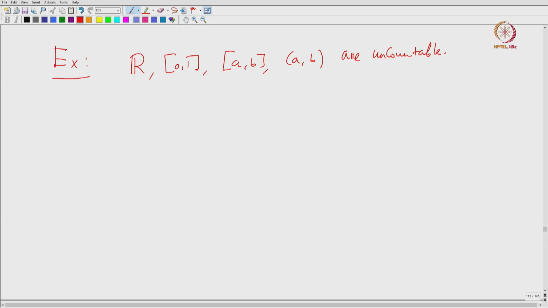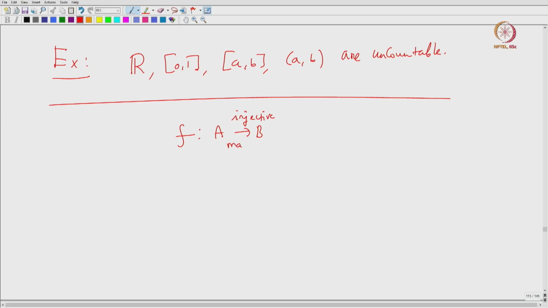So, what we will do in the next class, we will actually prove the Schroeder-Bernstein theorem, which talks about when two sets can have the same cardinality.